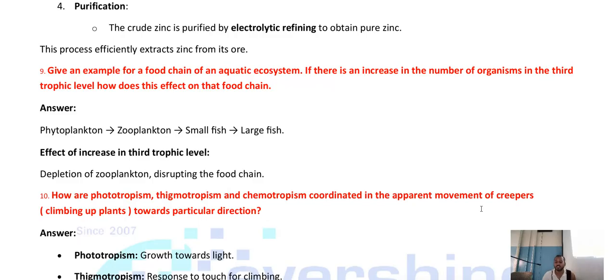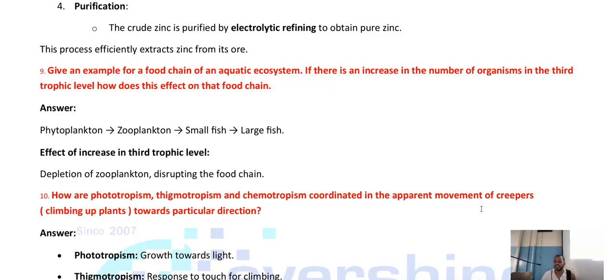If they ask about terrestrial, you can write grass, grasshopper, frog, snake, eagle. So that is terrestrial ecosystem, and this is aquatic ecosystem.